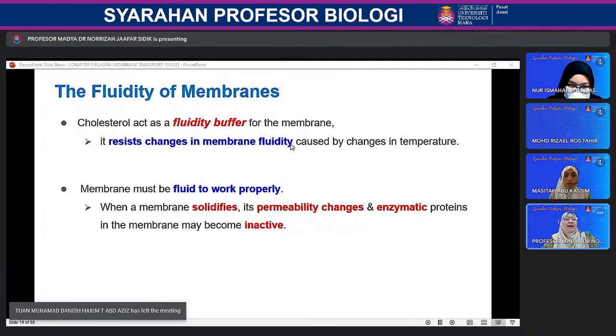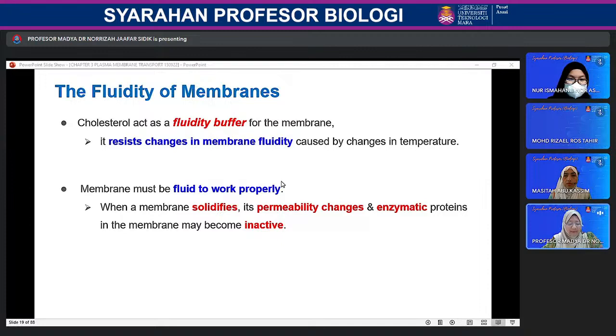Another function of cholesterol is as a fluidity buffer for the membrane. Here it resists changes in membrane fluidity, which can be caused by changes in temperature. To make the membrane work properly, it must be fluid. Why must the membrane be fluid?